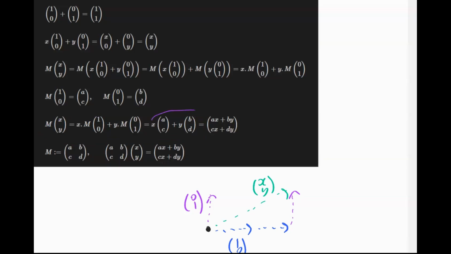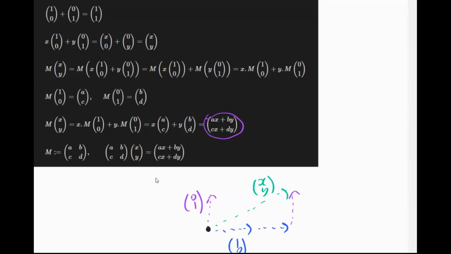And actually, we can work out what this is. We're allowed to take these scalars inside the vectors, and then we add what's upstairs and add what's downstairs, and we get this. And so now we have this beautiful formula, which is telling us what happens when we apply our matrix to x and y. And you can see that the result just depends on these numbers, a, b, c, and d.